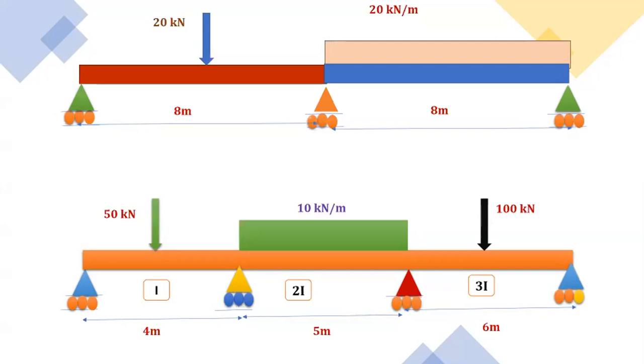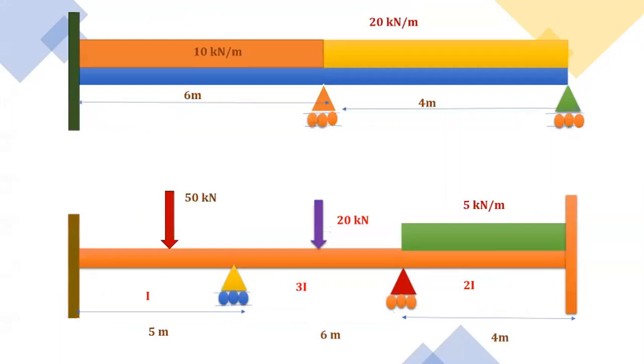When we say continuous beam, we see its end condition. If you observe this diagram, for the first span it is I, second span 2I, third span 3I. So this is a varying moment of inertia. So this is a 3 span continuous beam having simply supported ends and varying moment of inertia.